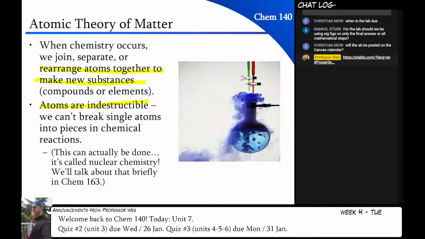I will not suddenly have calcium or iron in it, because if I didn't put it in there, I can't have it. I am only going to be able to rearrange the substances that I put in there. So when we actually do get to chemical reactions later on, you'll notice that what goes in must be what comes out. And that makes sense, right? For our purposes, atoms are indestructible. They will not be broken down into smaller pieces to create random other elements.